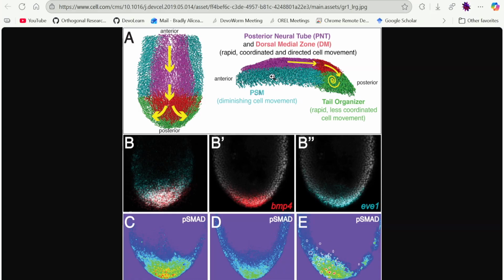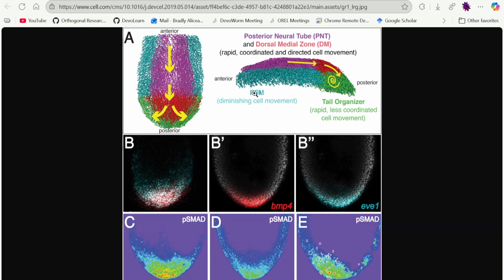And so you have anterior to posterior movement. The cells are coming in as raw material for the tail. The organizer is telling them where to go. There's this rapid, less coordinated cell movement, so it's not moving up and down the axis, but sticking around the tail area, and then it's thickening out the tail. So it slows down the migration.